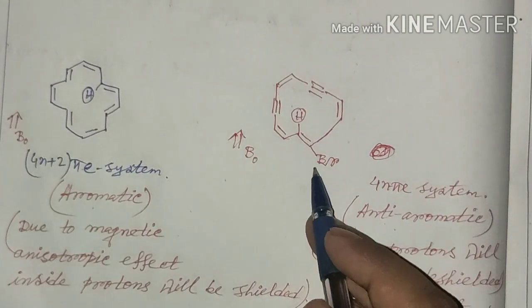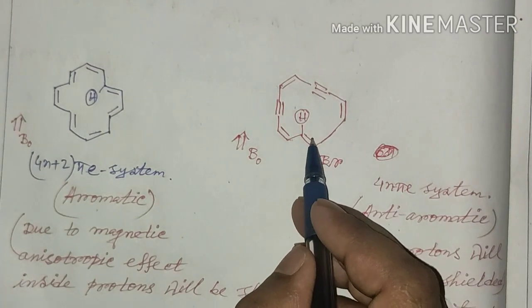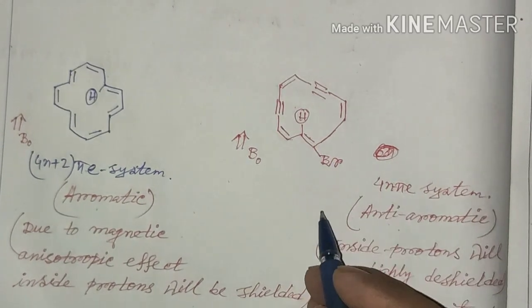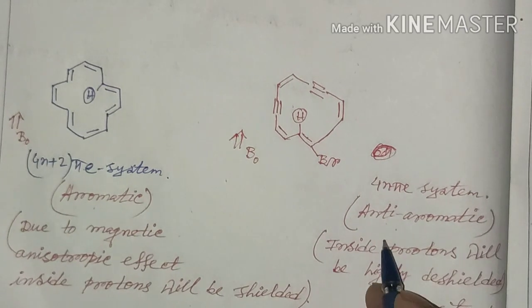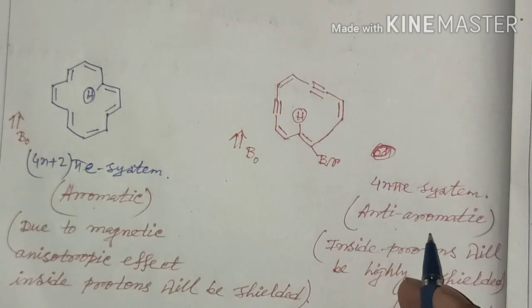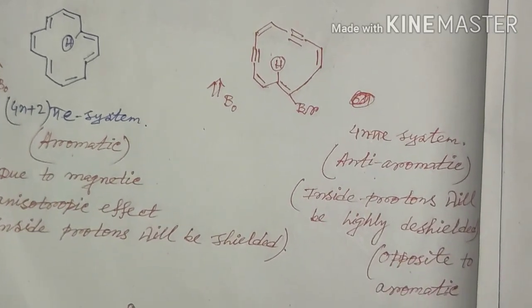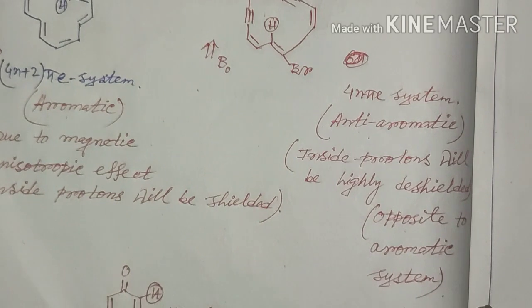Now from structure number 1, we can see that this is 1, 2, 3, 4, 5, 6. 6 double bonds means 12 electrons. That is, it is a 4n pi electron system and it is an anti-aromatic compound. For the anti-aromatic compound, the magnetic anisotropic effect gives the opposite result from the aromatic system.